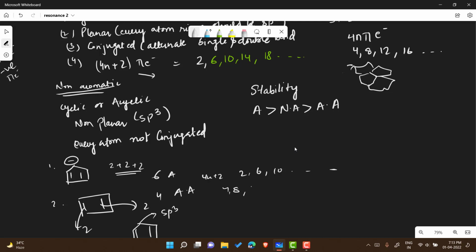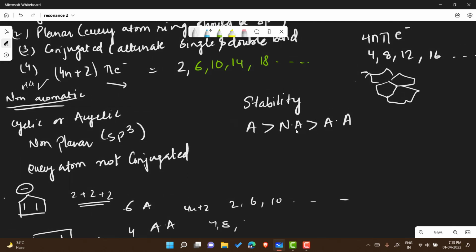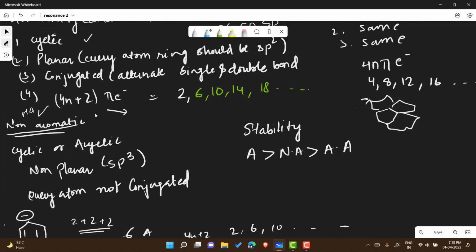And as far as the stability goes, aromatic compounds are most stable, then non-aromatic and anti-aromatic. Now you'll think anti-aromatic also follow, this is also known as Huckel's rule. Okay, anti-aromatic also follow Huckel's rule. Then why so that anti-aromatic are not stable and non-aromatic are more stable than that? This is the Huckel rule for anti-aromatic, and this is for aromatic.